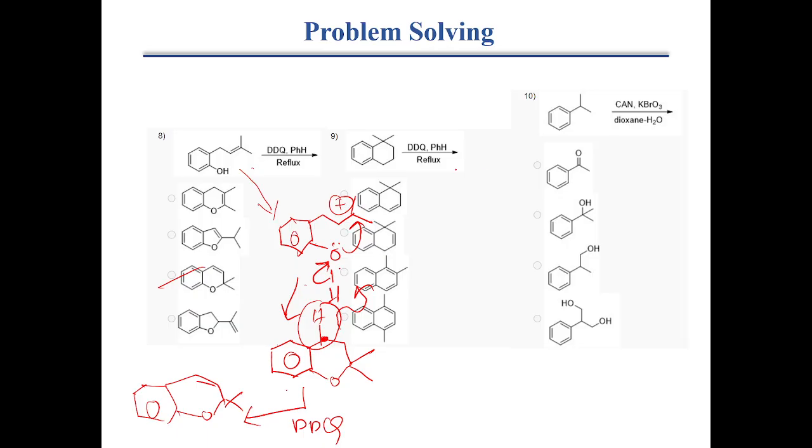Now the next question is this one. So now this is under DDQ oxidation. What happened? The first reaction proceeds through a benzylic hydride transfer mechanism.